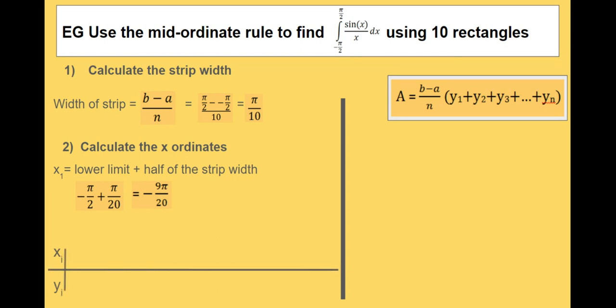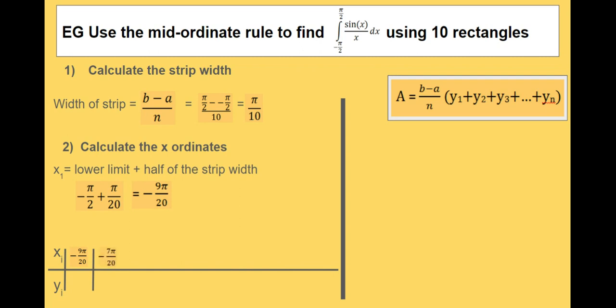So let's put the x ordinates in our table first. Each time we're increasing by 1 whole strip width to go between the mid-ordinates. So our width strip is pi by 10. Minus 9 pi by 20, add on pi by 10, or 2 pi by 20, to get minus 7 pi by 20.